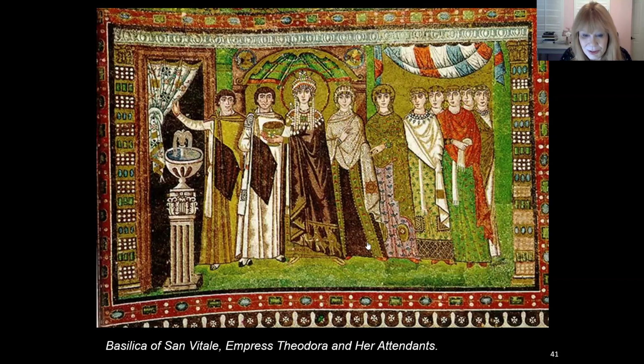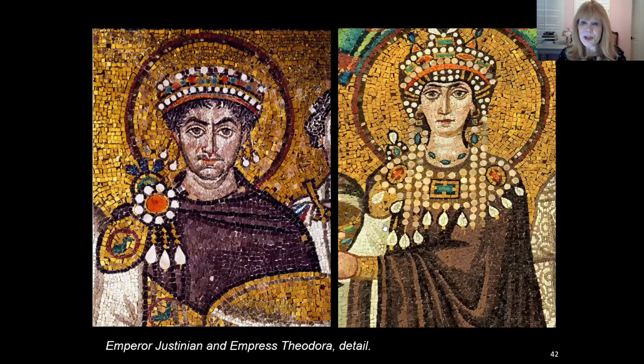And let's see, do I have a close-up? Ah, here we go. So there's a close-up of the tesserae that have been put in, and also sometimes mother of pearl as well. So here in her crown, there's some mother of pearl.